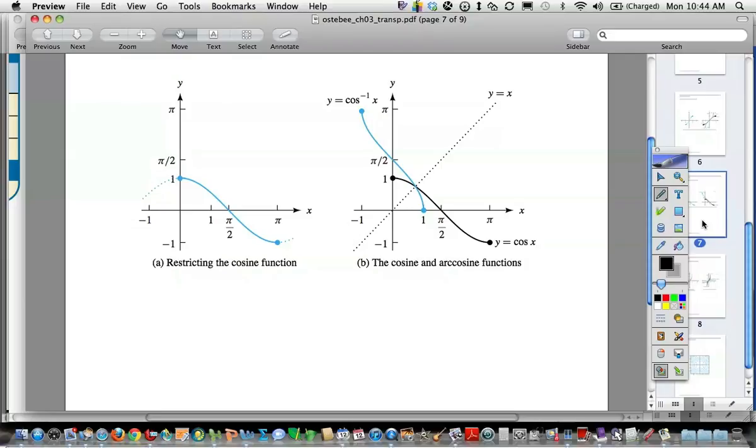Alright? Now remember, this won't be on the gateway test, but on some other type of quiz or something we do, if I ask you what's arc sine of 3/2, what would you say?